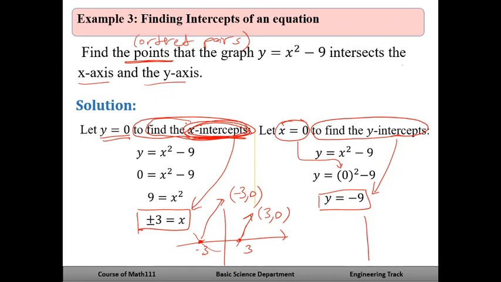And here it says the y-intercept is -9. So this -9 is somewhere here, where the graph intersects the y-axis at this point.